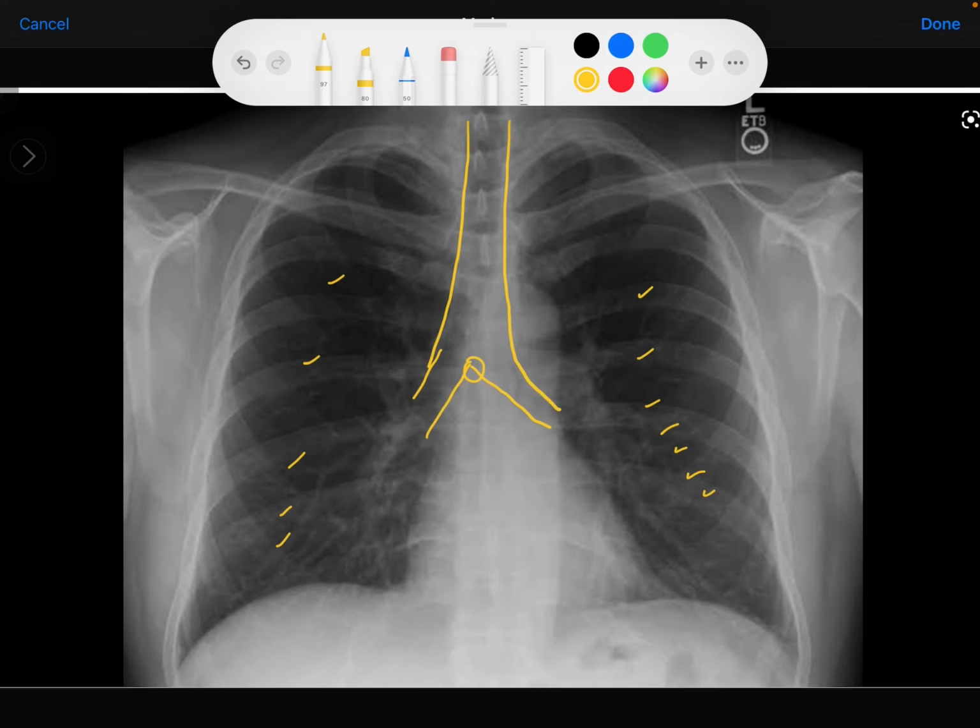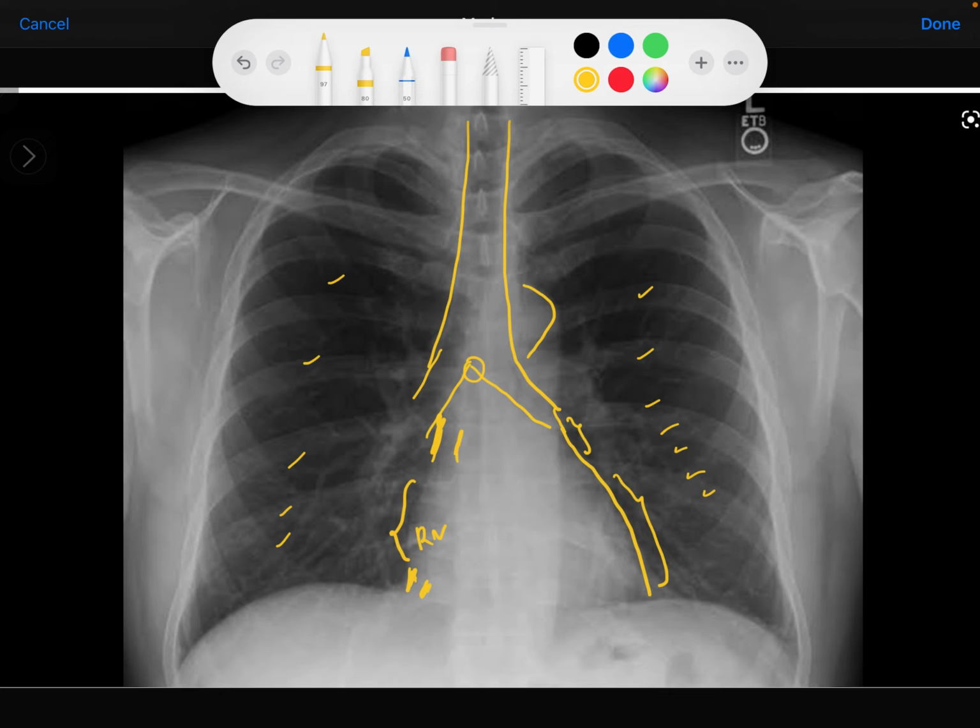Then the next thing you need to see is this aortic knuckle. This is the left side of the heart border. This is the left auricle, this is the left ventricle, this is the right ventricle. And this part is the inferior vena cava, this is the superior vena cava.